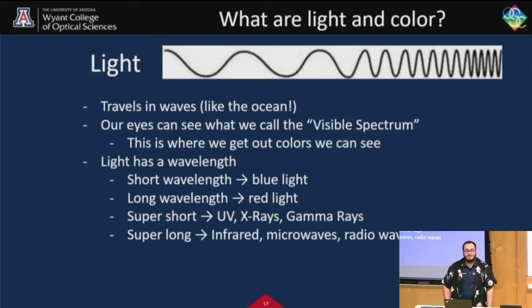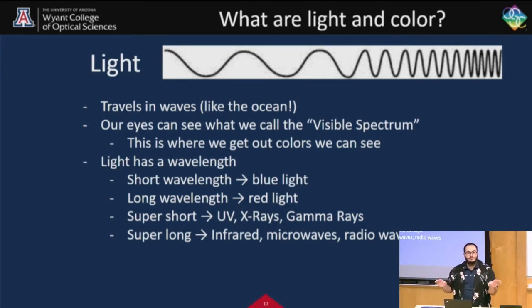Now, some waves travel with big wavelengths and some travel with really small wavelengths. And right in the middle of a sweet spot of these big and small wavelengths, we have what's called the visible spectrum. Now, this visible spectrum is where we see all the colors that we can see in the world all around us. And if the light has a much shorter wavelength, it actually looks blue.